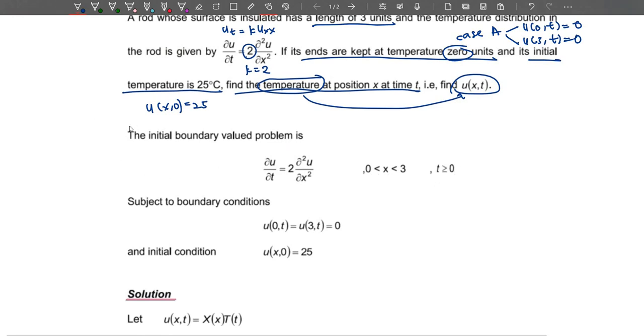These are the infos that you need to extract from this one paragraph. It has been summarized here. Subject to the boundary conditions u(0,t) equal to u(3,t) equal to 0 C, I've written it there, and then the initial condition u(x,0) equal to 25.